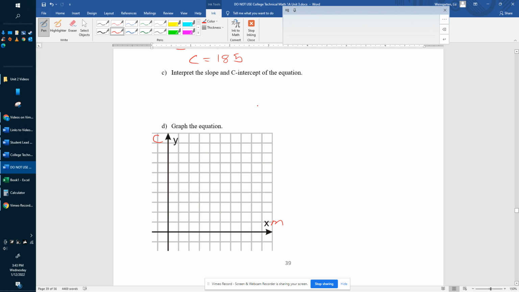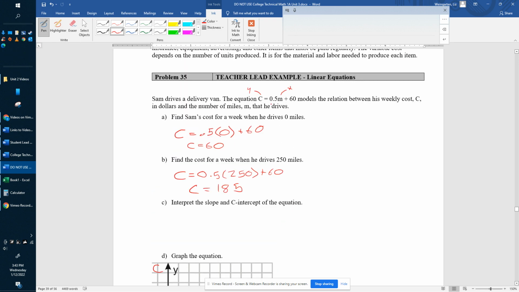So what is the slope? The slope is this 0.5. The slope is telling us how much more per mile it costs in dollars. So it costs 50 cents per mile.